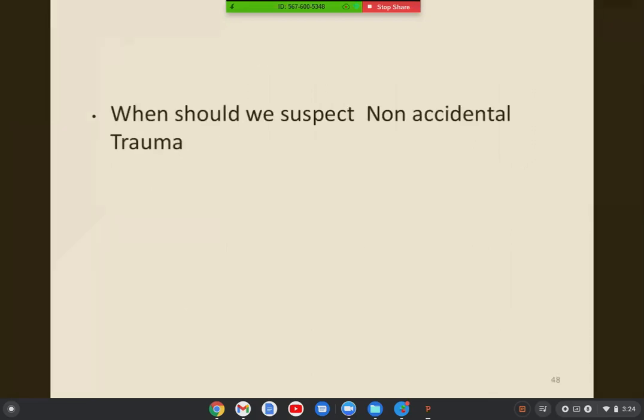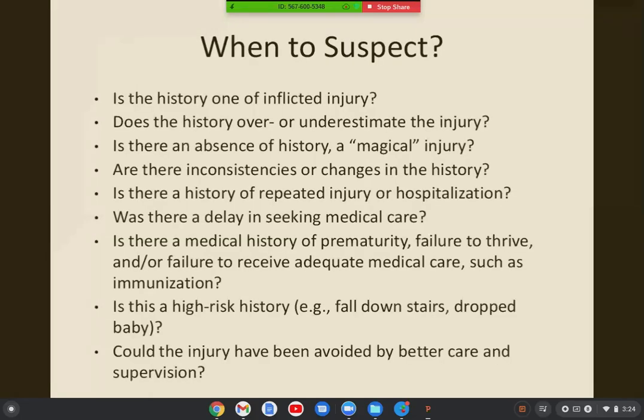When should we suspect non-accidental trauma? If the history doesn't match the inflicted injury, if the history over- or underestimates the injury, if there is absence of history or a magical injury, if there is inconsistency or change in history, if there is a repeated history of injury or hospitalization, if there is delay in seeking medical care, if there is a medical history of prematurity, failure to thrive or failure to receive adequate medical care such as immunization, if there is a high-risk history, for example a fall down the stairs or a dropped baby, could the injury have been avoided by better care and supervision?